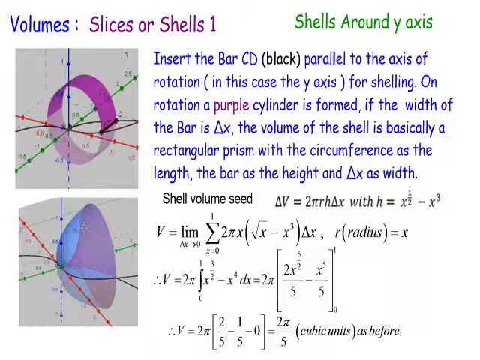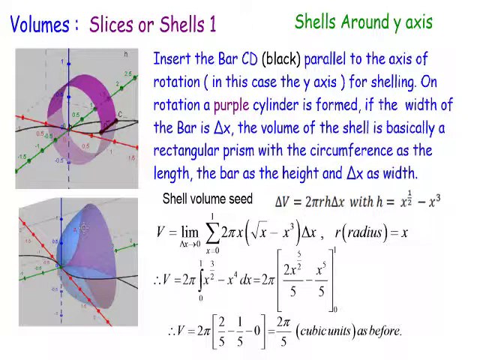Remember, its width would be delta x. It's moving from 0 to 1, therefore we need our functions as functions of x. We need to put it into the formula, take the limiting value of this sum and turn it into an integral, and we should get 2 pi on 5 as before.